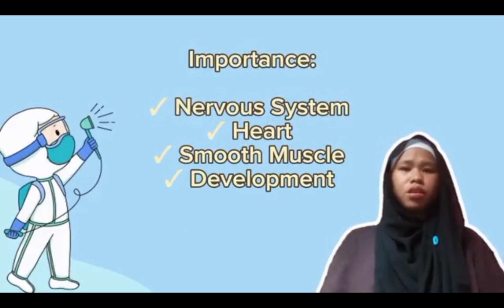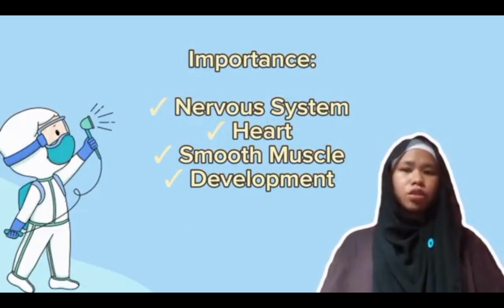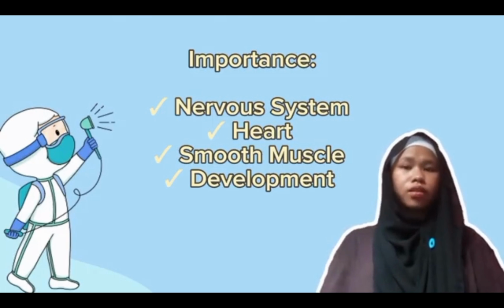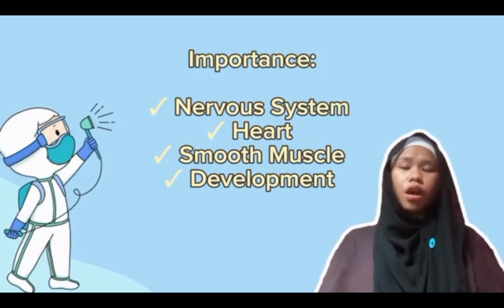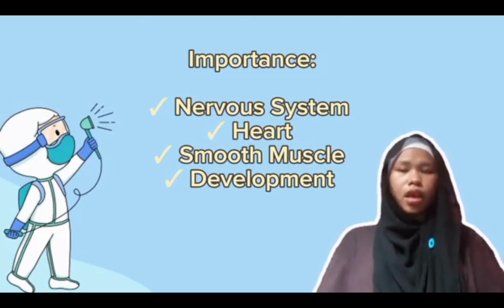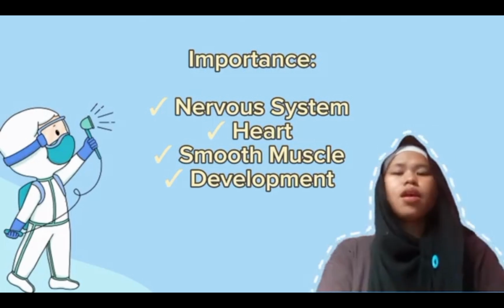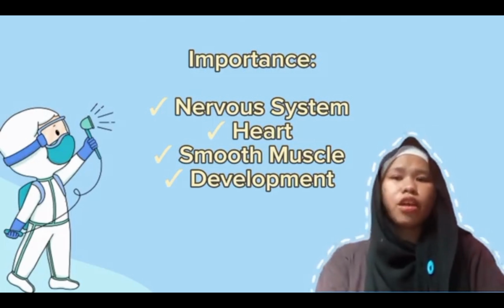So now let's talk about its importance. Gap junctions are essential for a wide range of physiological processes. In the nervous system, electrical synapses formed by gap junctions ensure rapid communication between neurons and are crucial for coordinated neural activity. They are also important in our heart.